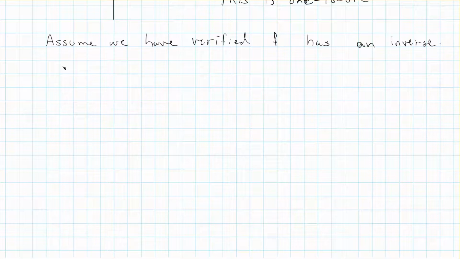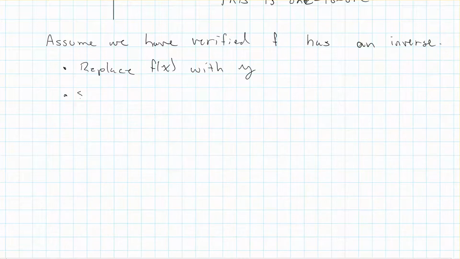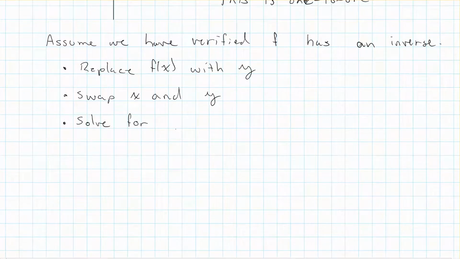Some books do this differently, but this is the most common practice: you replace f of x with y, then we'll swap x and y, solve for y, and then f inverse of x is now y.